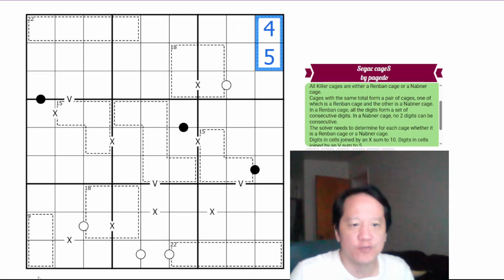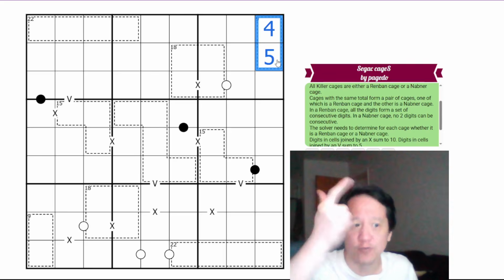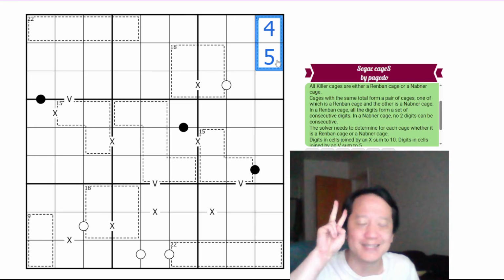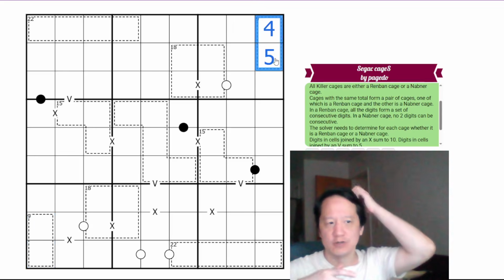If this were 4 and 5 here, that's forming a Renban, where in a Renban cage, all the digits form a set of consecutive digits, which 4 and 5 do. And in a Nabner cage, no two digits can be consecutive. So that's why they are considered opposites of each other, right?